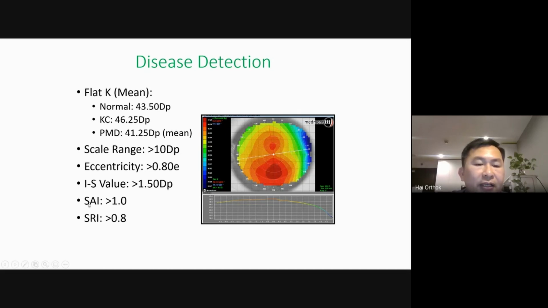Or the surface asymmetry index over 1, surface irregularity index over 0.8. So all of these indicators determine a possibility of keratoconus, and you have to use the scleral lens for this patient.